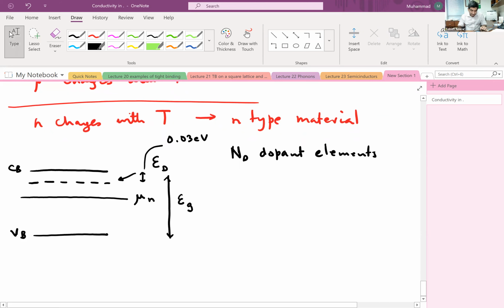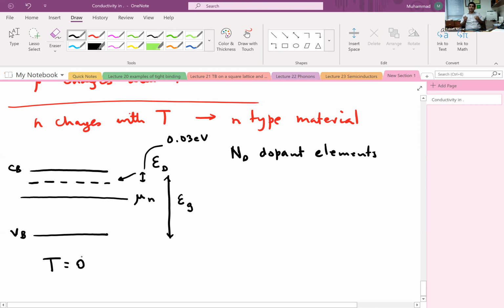So now what's going to happen is that suppose I start off at 0 Kelvin. At 0 Kelvin, there are no thermally generated carriers. Nothing can go up from the valence band to the conduction band because the band gap is so large, 1 electron volt. And you're at 0 Kelvin, so there is no energy for the electrons to go up.